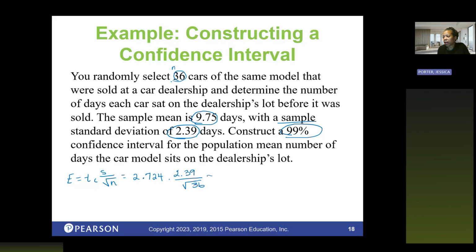That's going to give us about 1.09. And what do we do with this information? Well, we're just going to add and subtract it from the mean. So we got 9.75 minus 1.09, and then 9.75 plus 1.09.